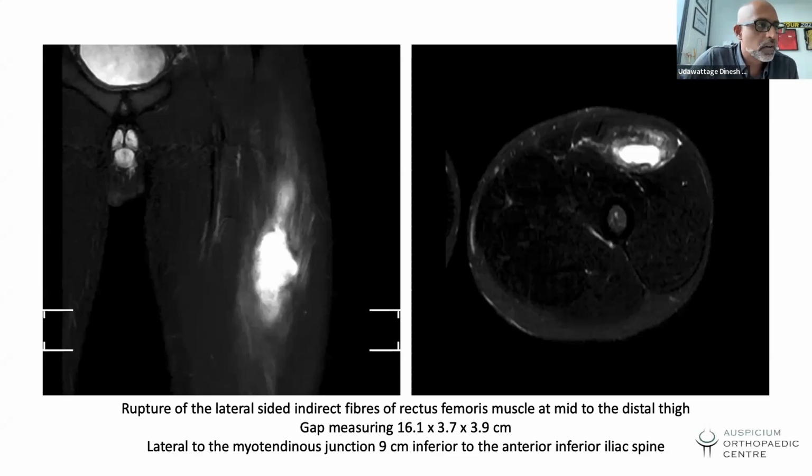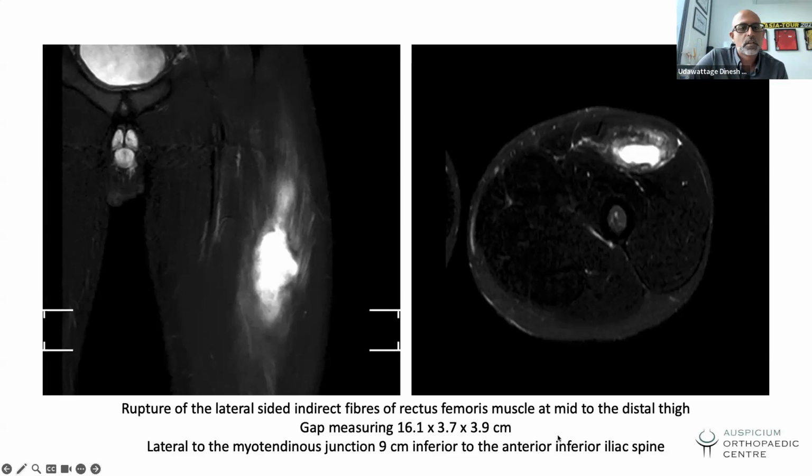So on his MRI, there was a significant rupture to the indirect fibers of the rectus femoris. Again, quite a significant tear, 16 centimeters, and it was really causing him some bother.